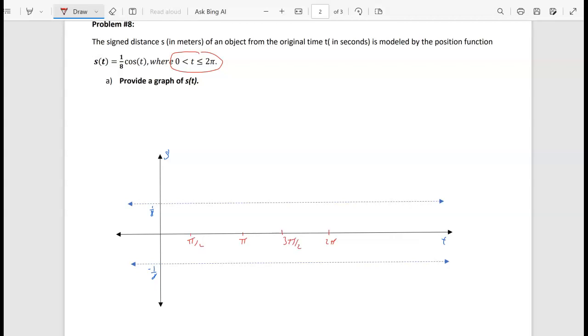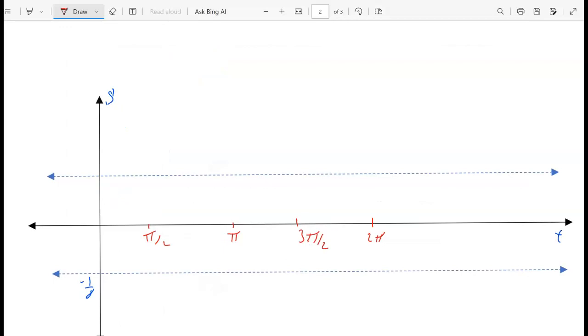Now, our function happens to be the cosine function, but it's not defined at 0. So I'm going to put an open circle in this direction and then put the dotted arrow, showing that the function could still continue, but it's not defined in terms of the domain here.